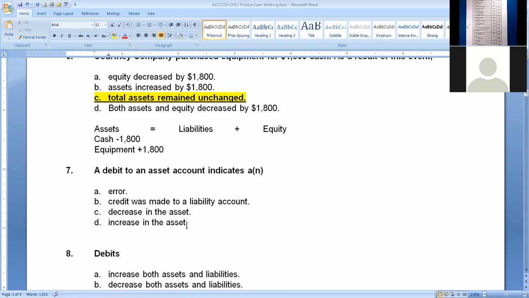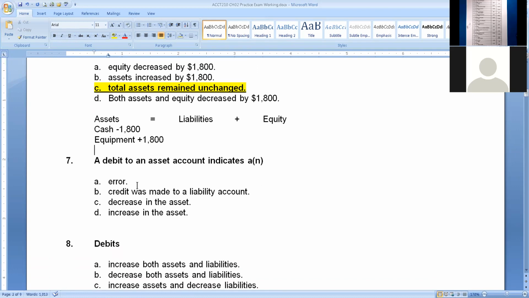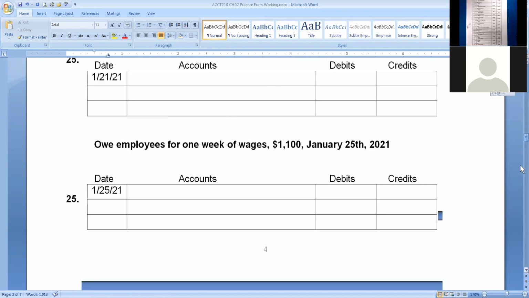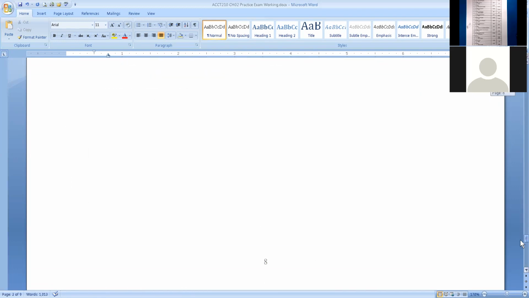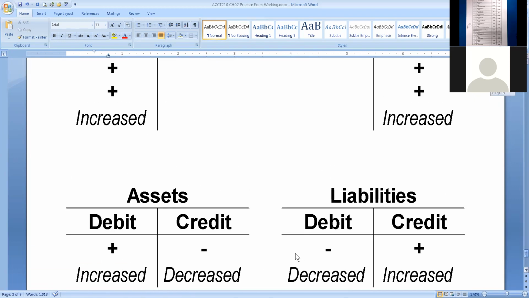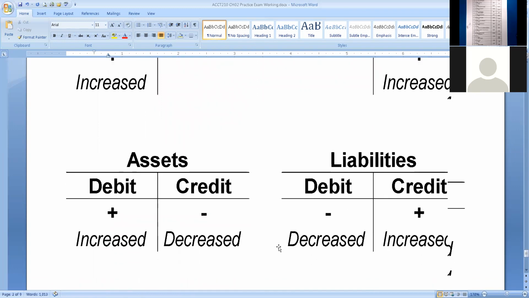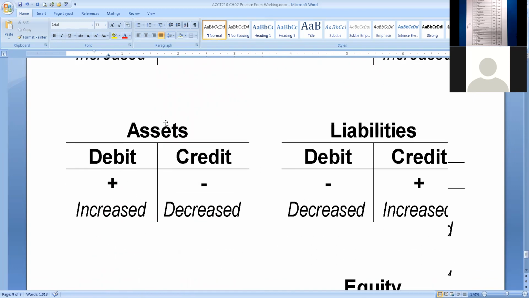A debit to an asset account indicates an error. It could be an error if you did it incorrectly. But this actually goes down to this. If you look at this table, a debit to an asset means what? A debit is an increase.